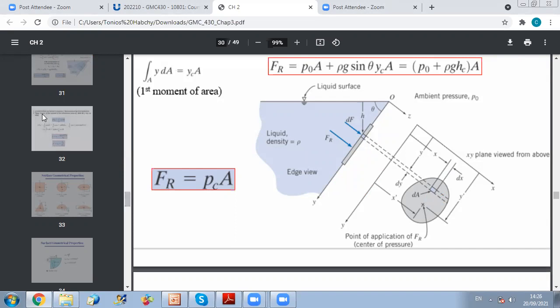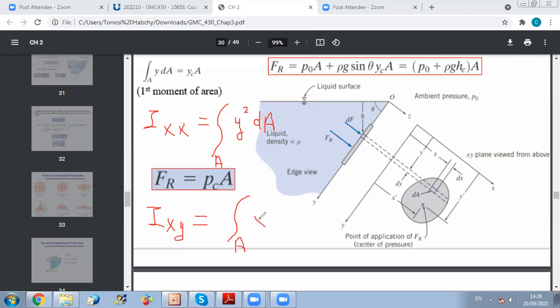You know why? Because look, what is the definition of Ixx? Ixx is the integral over the area of y squared dA. While the product of inertia Ixy is equal to the integral over the area of x times y times dA.